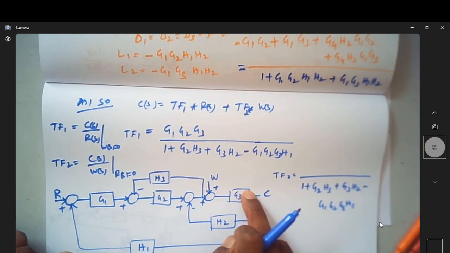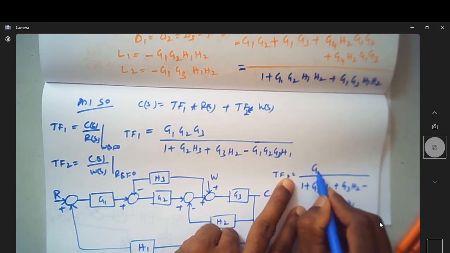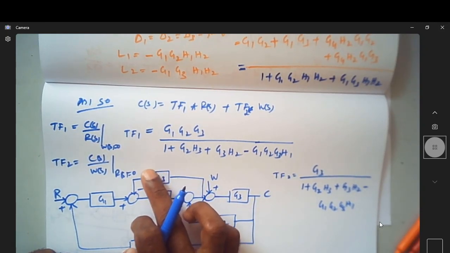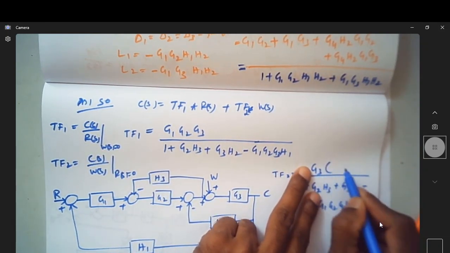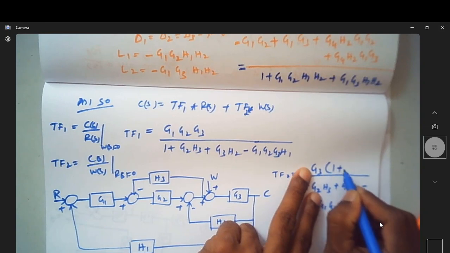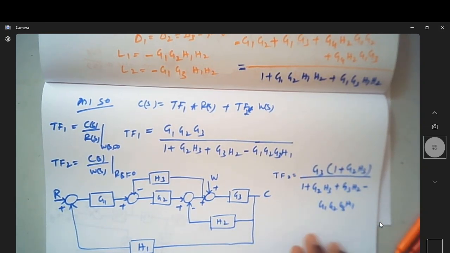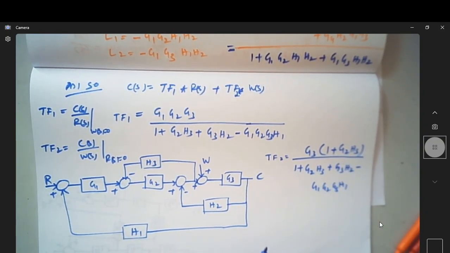It is only this, the possible way. So the possible way is G3. G3 is a forward path. And are there any loops not touching with that? Yes, there is one such loop. Can you see? This loop does not touch this. So it is G3 into 1 plus G2H3. So this is my transfer function.